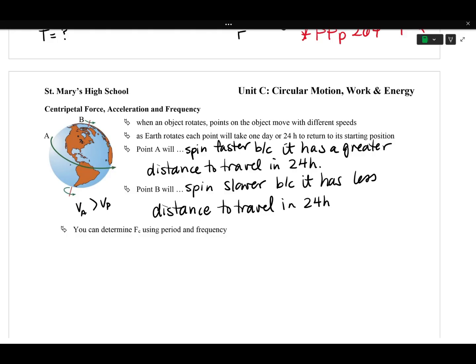Okay, so the circular speed of A is going to be greater than the circular speed of B.